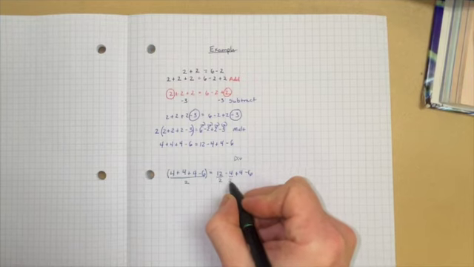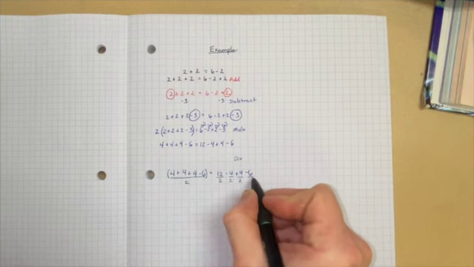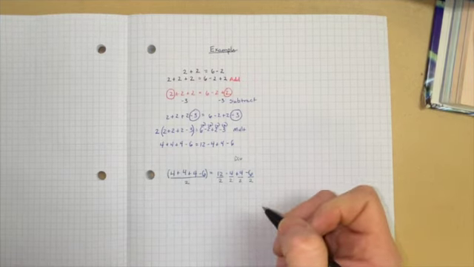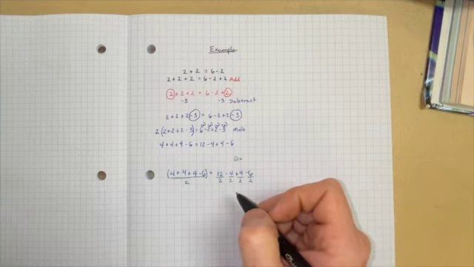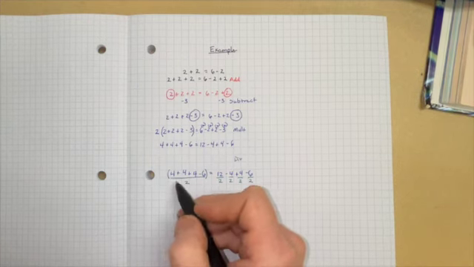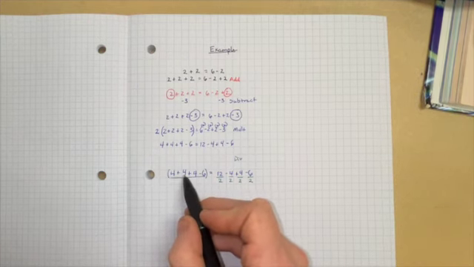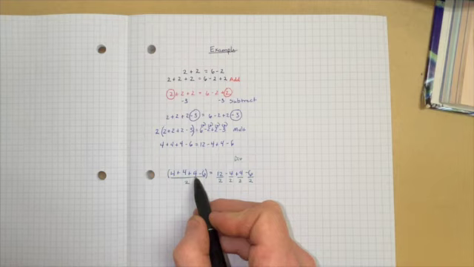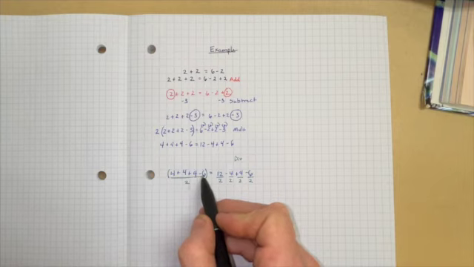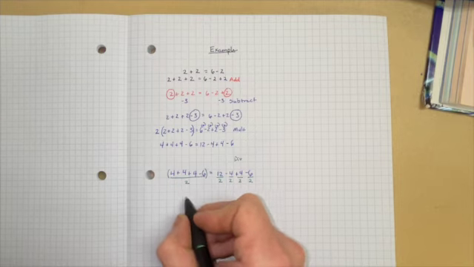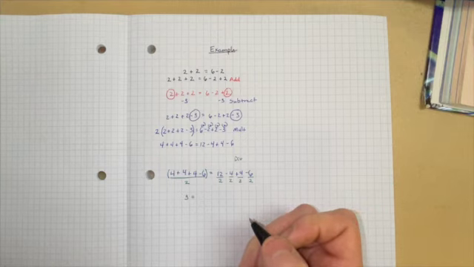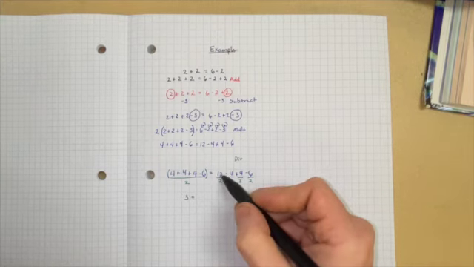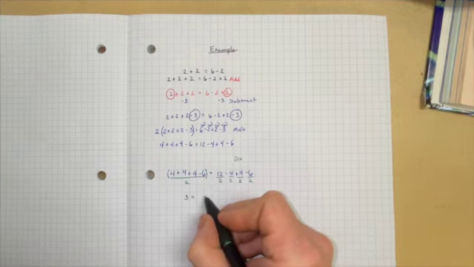I'm going to divide this side by 2. Okay? So everything on this side needs to be divided by 2. If we go about doing this, 4 and 4, 8, 12, minus 6, 6 divided by 2 would be equal to 3. 12 divided by 2 is 6.